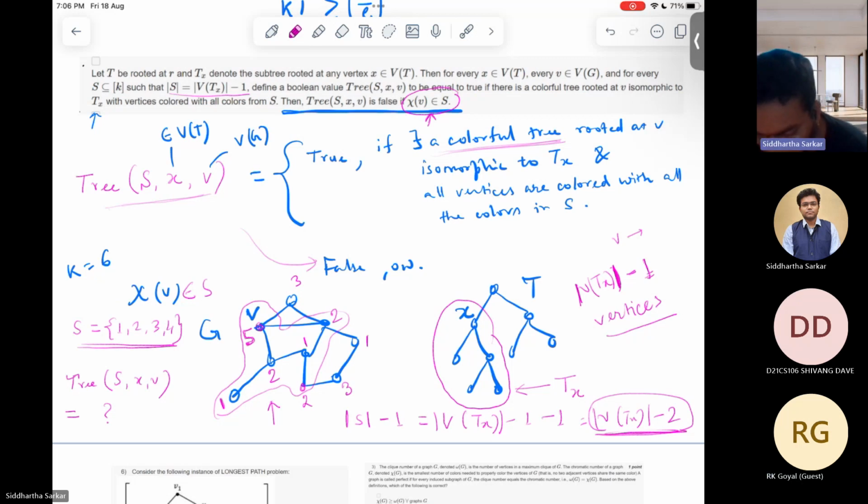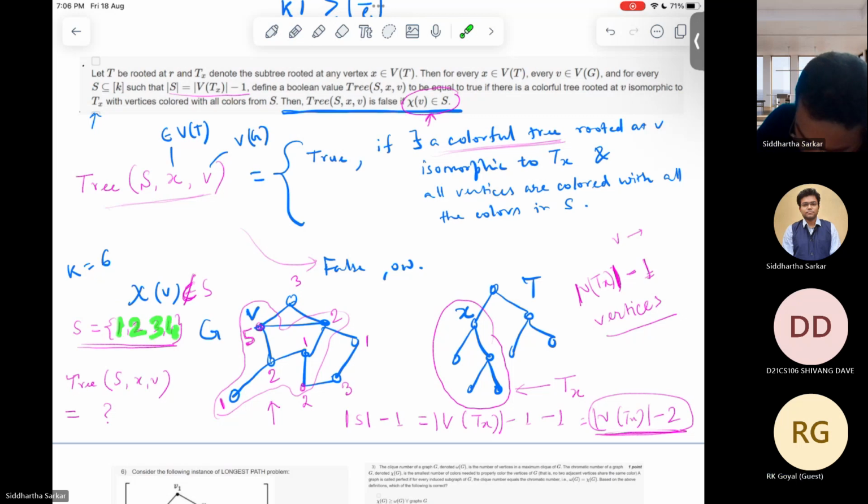Then chi of V is 5, but it does not belong to S, because S is only 1, 2, 3, 4. So you have given 5 to this, therefore chi of V does not belong to S.